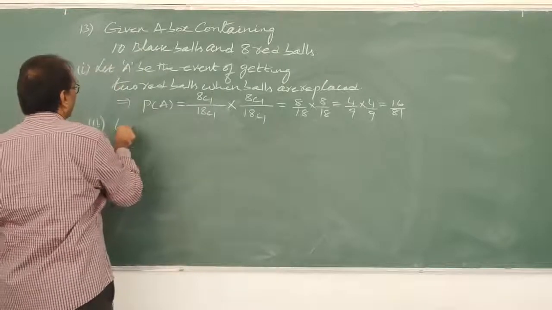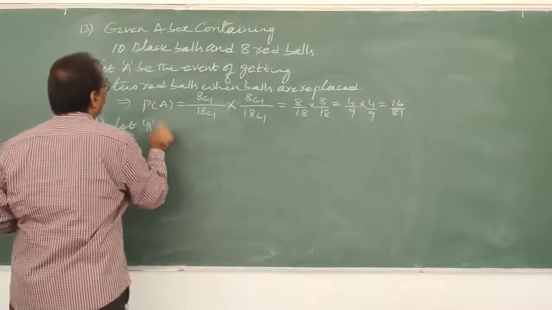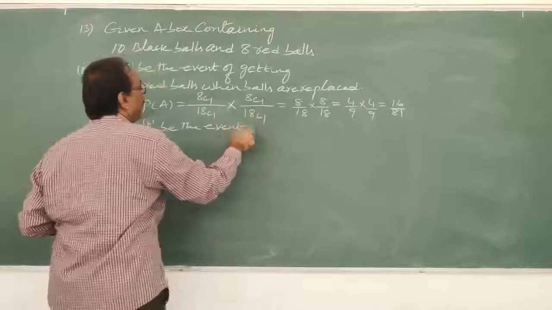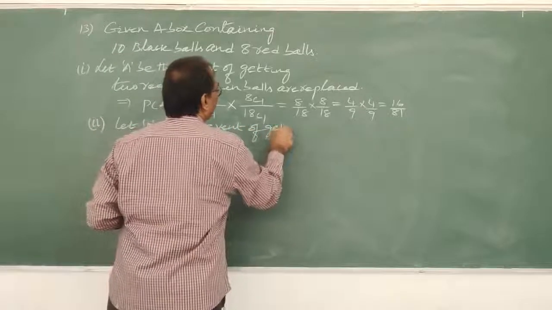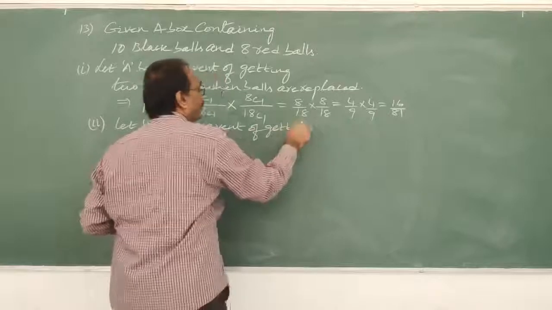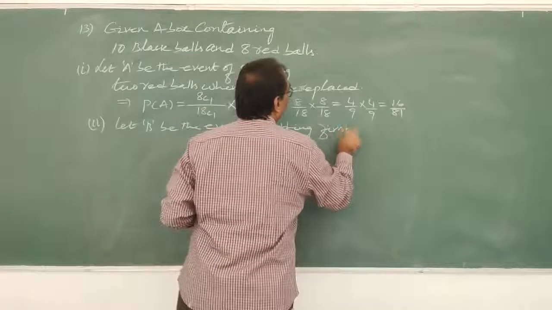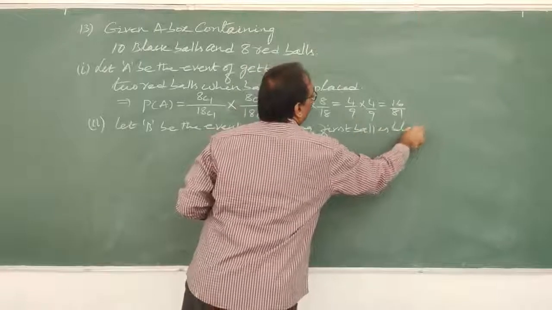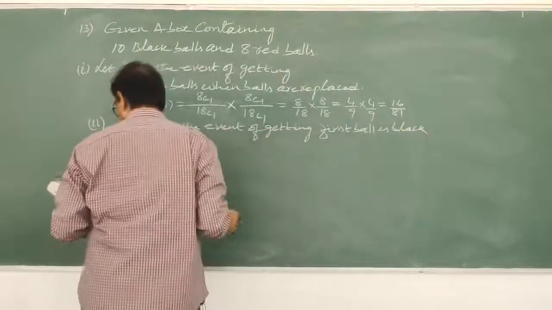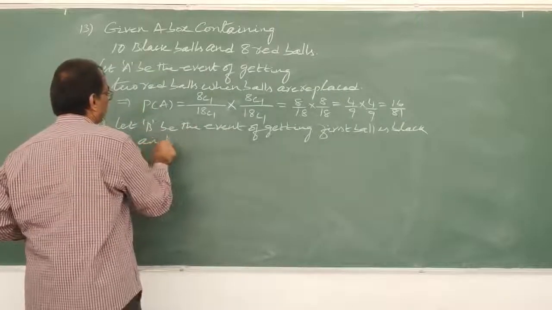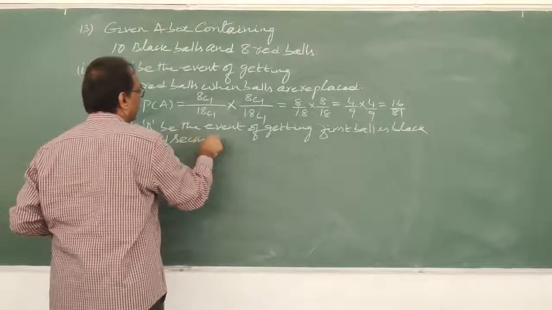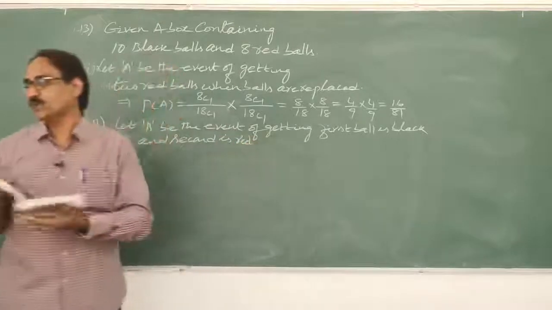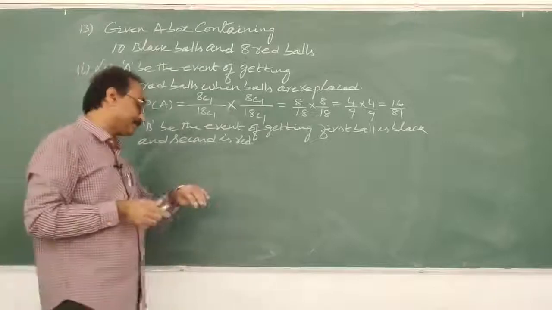So let B be the event of getting first ball black and second is red. Okay, no problem. He has given now: first ball is black and second is red.